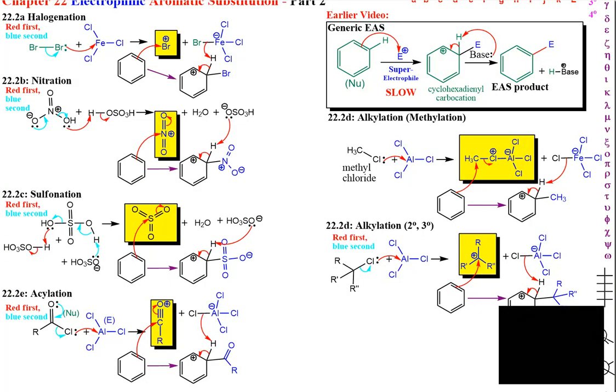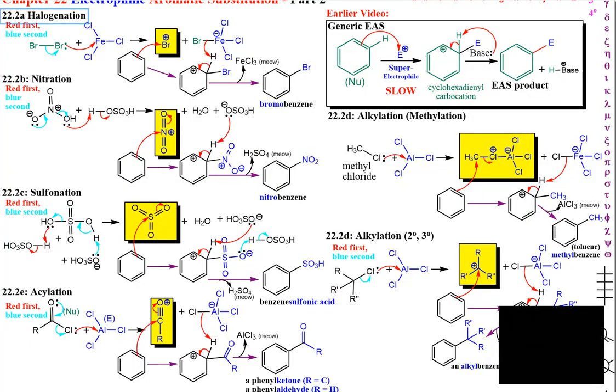Our final job is to draw the resulting products of these reactions, which will all be correspondence of this molecule, and we'll name them, and then we'll talk about how we can put a primary alkyl group on benzene, because many pharmaceuticals and natural products have primary carbon groups attached to benzene, so we need to be able to do so as well.